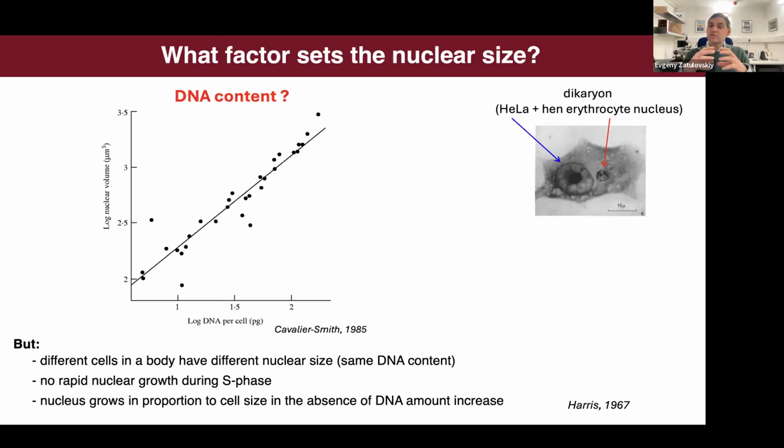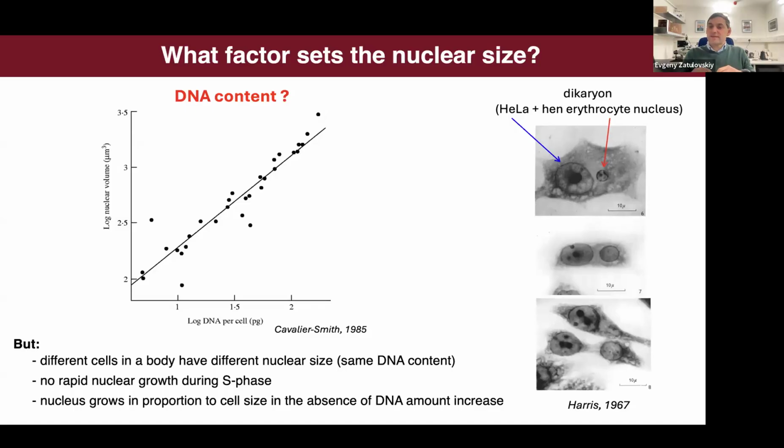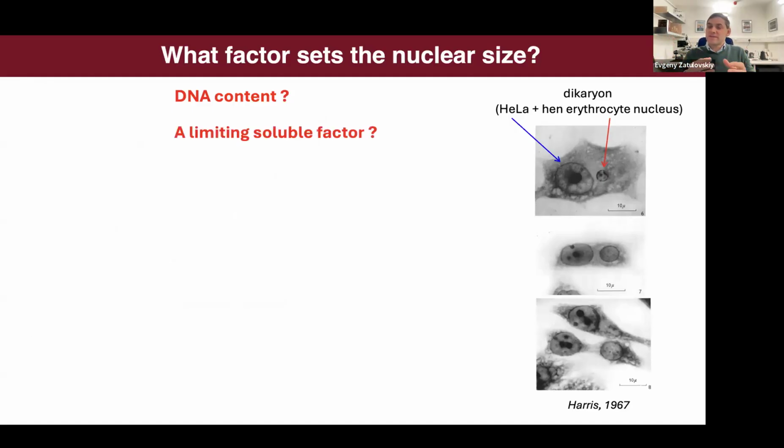So they induced a fusion between the two cells, and shortly after that, the bigger nucleus got smaller and the smaller nucleus got bigger, which means that presumably there is some soluble factor in the cytoplasm that limits the nuclear growth. And when the cell gets bigger, it produces more of that factor that leads to the bigger nucleus. It has also been proposed that membrane may be limiting to nuclear growth, and that's also possible.